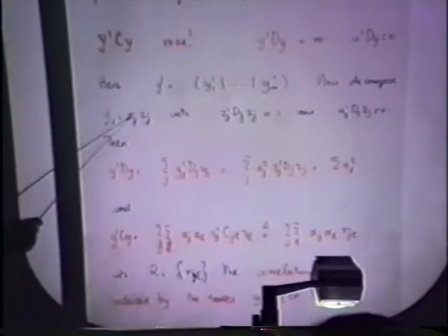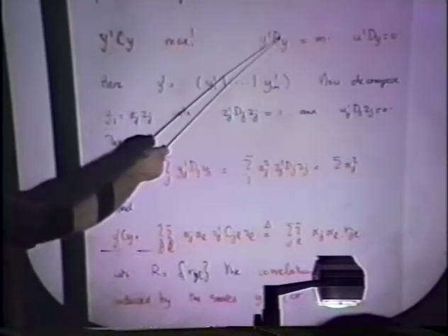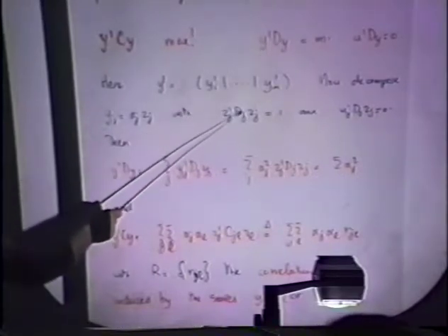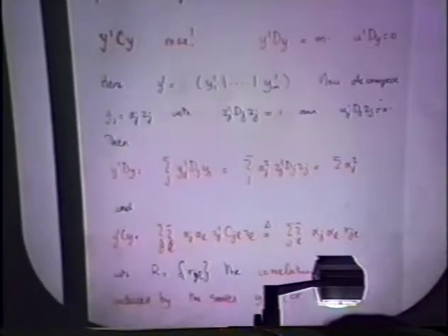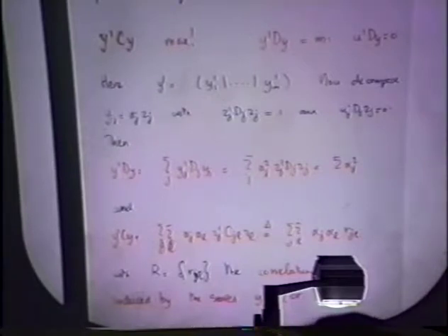I'm decomposing the y's for a particular variable j into a normalized part z and a normalization factor alpha. So if I introduce this alpha, I can require without any loss of generality that z is normalized in this way. Remember, here I only normalize the average weighted sum of squares of the y's. Here I normalize each of the z's. And that is possible because I've introduced this alpha here as an extra variable.